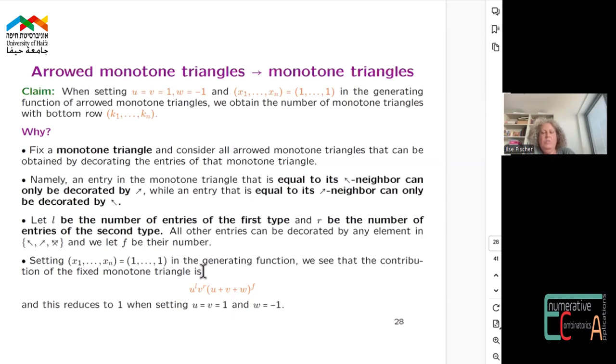And now if you set u equal to 1, v equal to 1, and w equal to -1, then you get 1 here, and every monotone triangle has a weight of 1, which is what you want to count them. So what we can take from this slide is that if we know the generating function of arrowed monotone triangles, then we can compute the number of monotone triangles. And I've shown you the generating function of arrowed monotone triangles: these were the Robbins polynomials that I introduced.